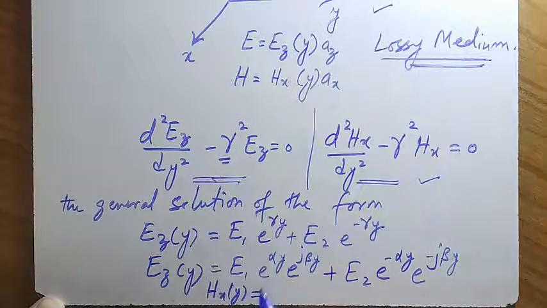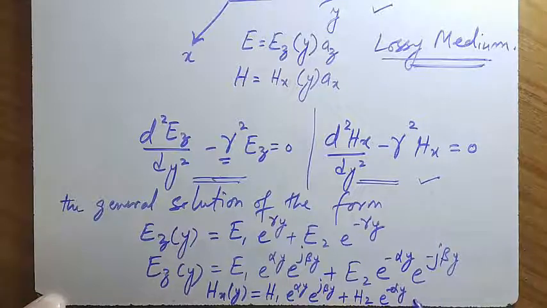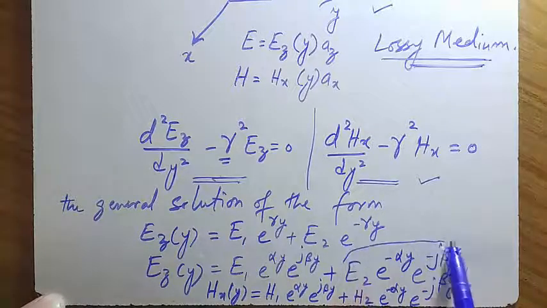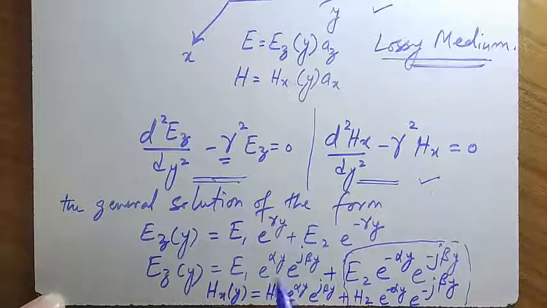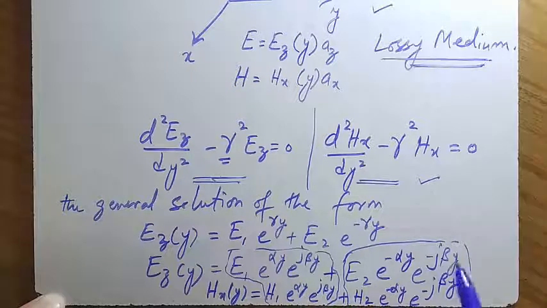Let me directly write the end result: this is H1 e power alpha y and e power j beta y plus H2 e power minus alpha y e power minus j beta y, whereas this portion of the wave and this portion of the wave represent different directions of the waves.